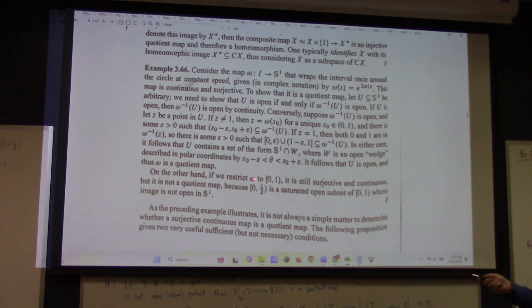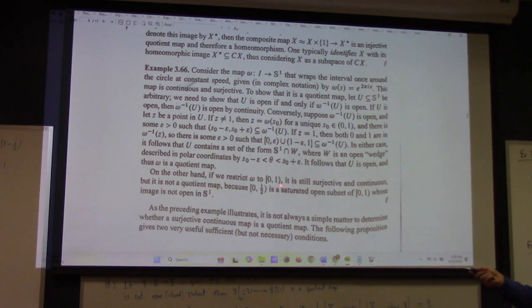he says, on the other hand, if we restrict it to [0, 1), it's still surjective and continuous. So this was omega from [0, 1], that is from 0 to 1 inclusive, right?